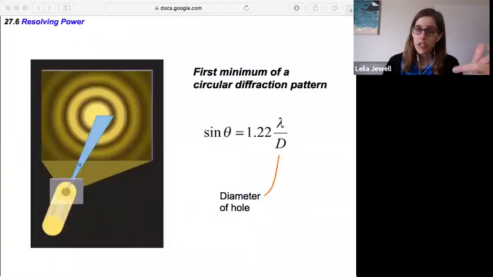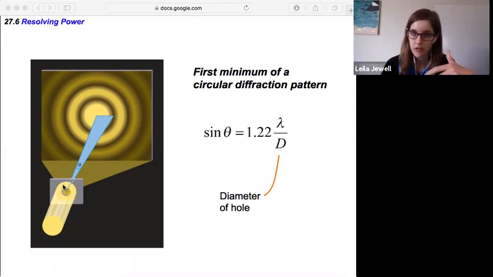And so we're going to use a diffraction pattern with circular diffraction. Here they show it with a circular opening, a hole. It's the same thing as if there's just a circle there blocking the light. What we have is a very bright central maxima, but then we have a condition for the first minimum, the first dark fringe.